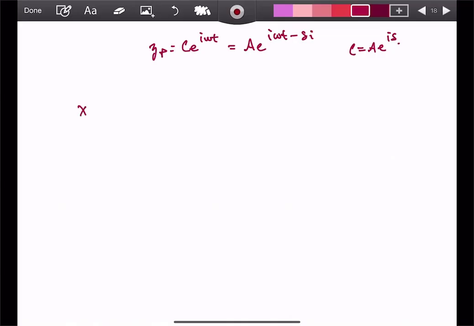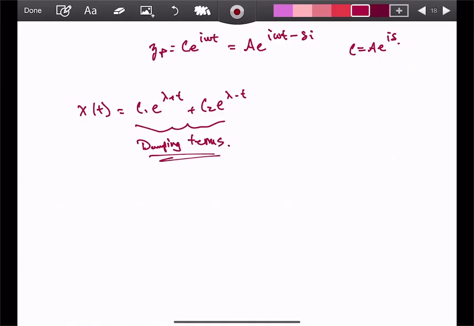So our actual solution then is going to be some x of t then is equal to some coefficient C1 e to the lambda plus t, and then plus some C2 e to the lambda minus t, where these guys are going to be damping terms. Now, in this case, the damping terms don't really matter, but all we care about is that e then goes as minus beta t, right?